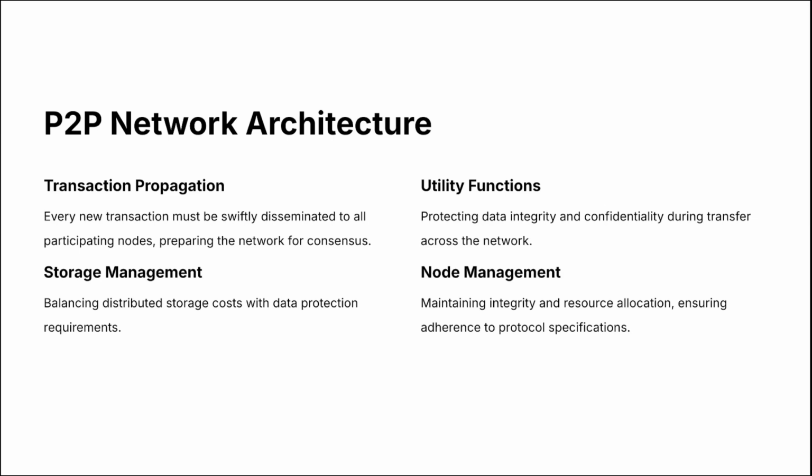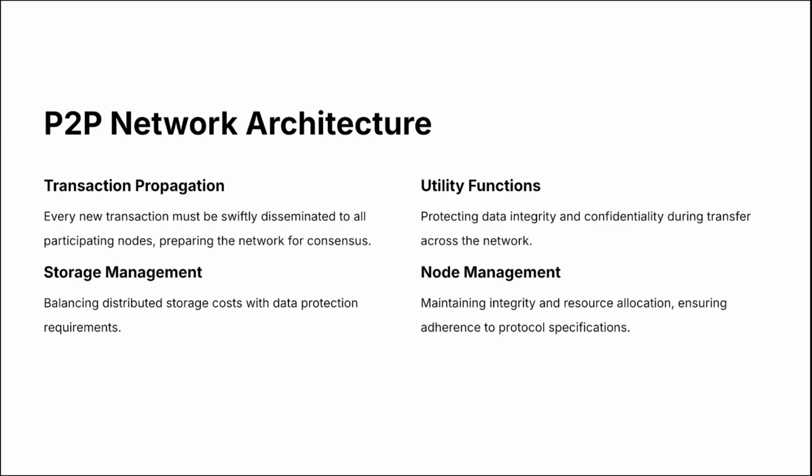Then we have the utility functions, which are responsible for protecting both the integrity and the confidentiality of the data as it moves through the network. These functions, often powered by cryptographic techniques, make sure that data cannot be altered or intercepted during the transfer.